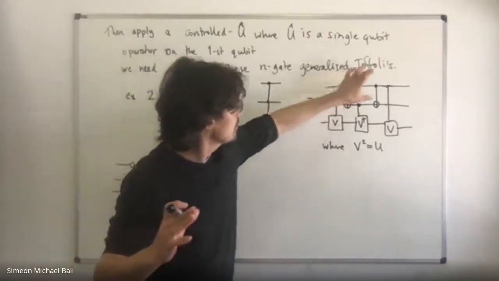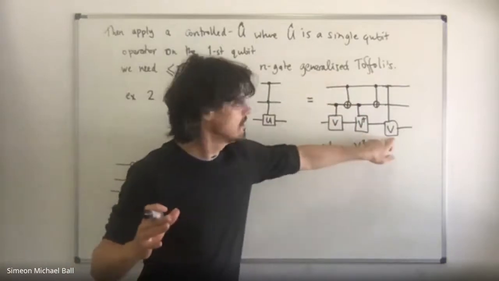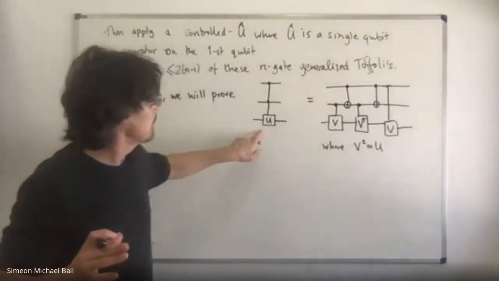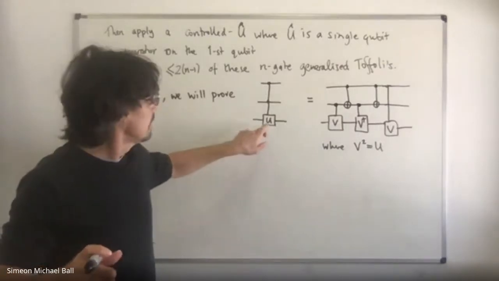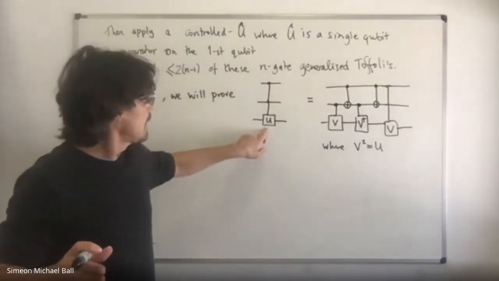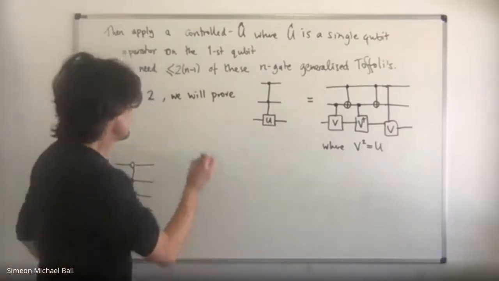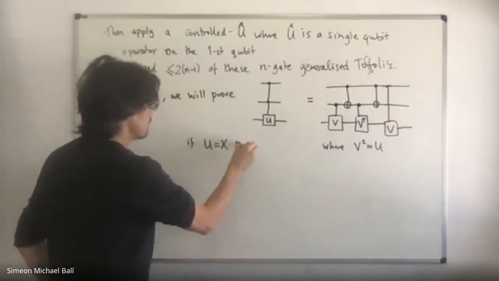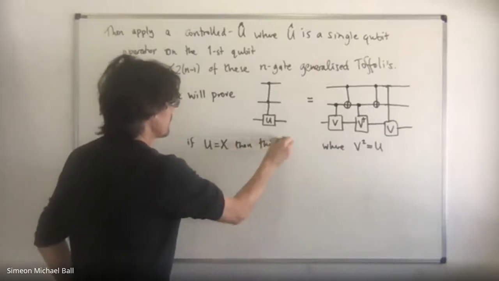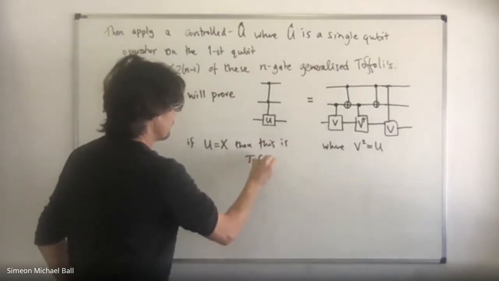And so here we have some more C-NOTs and some controlled single qubit operators, which means we can implement a doubly controlled U, and if U is X, then this is a Toffoli.